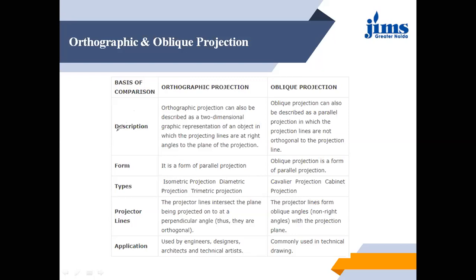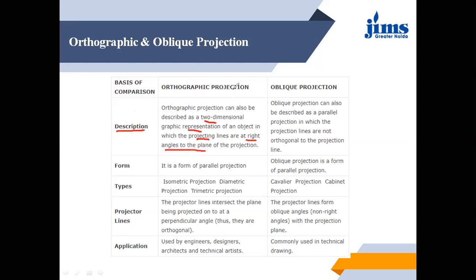Based on their description, orthographic projection can also be described as a two-dimensional graphic representation of an object, in which the projection lines are at right angles to the plane of projection.